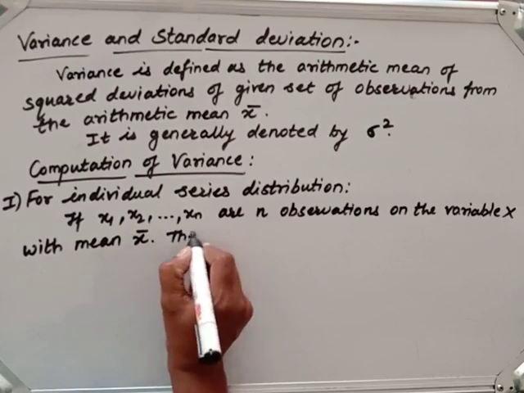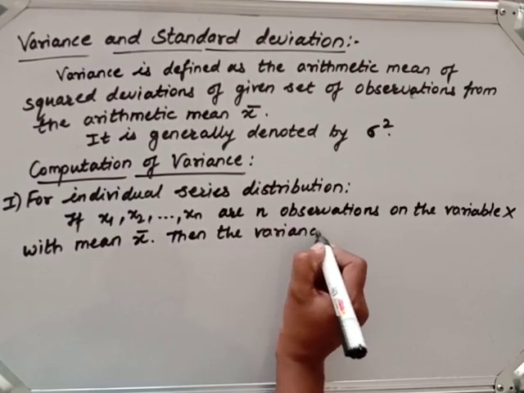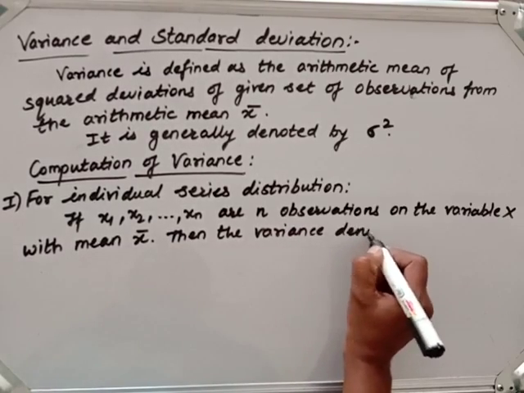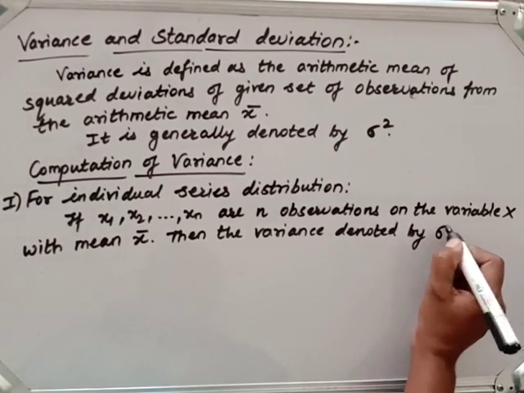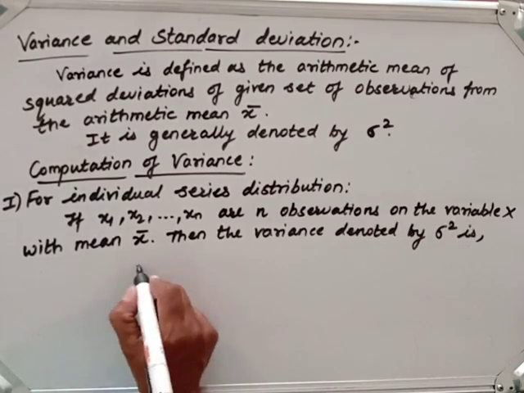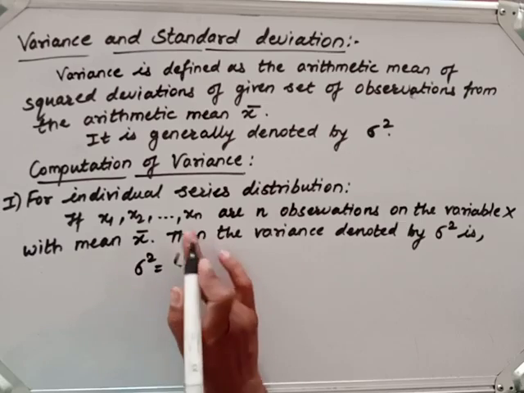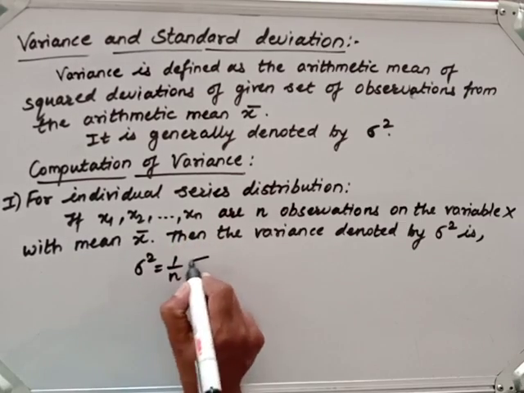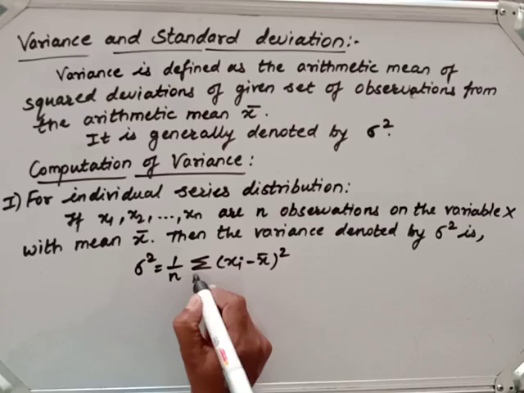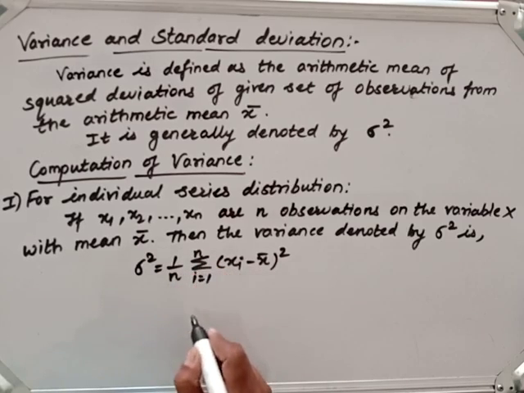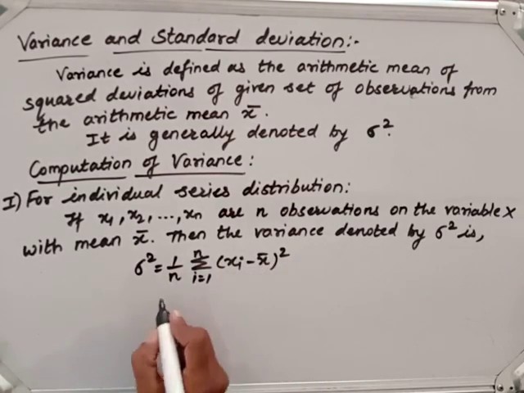Then the variance, denoted by sigma square, is 1 upon n summation xi minus x bar square, where i varies from 1 to n. This is our formula.